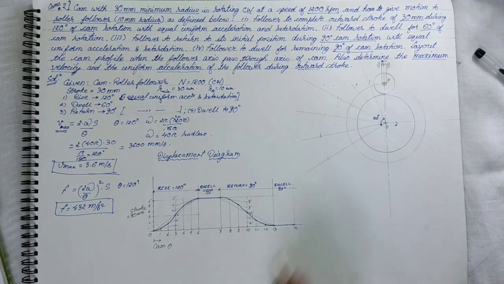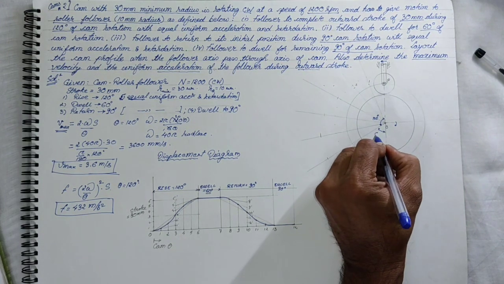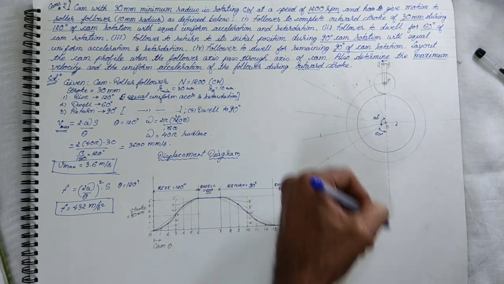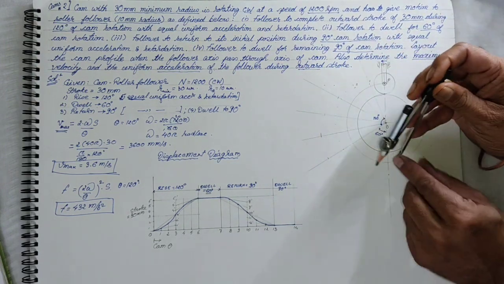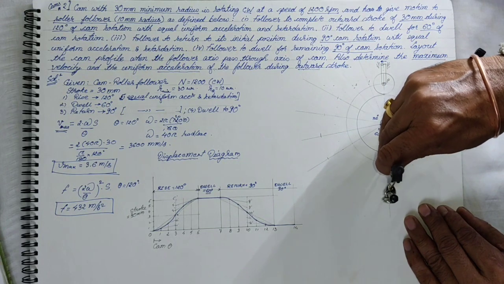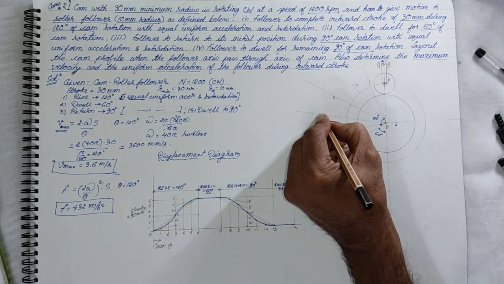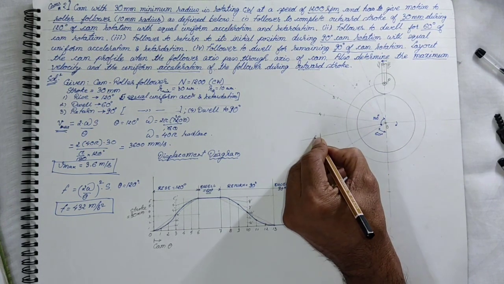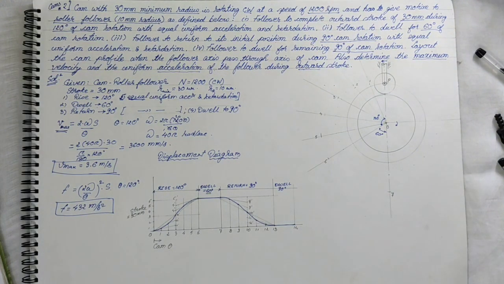So from here I again measure 60 degrees, which is for the dwell period, and this will be the line of action for that, and I can locate the trace point as this. So we have got 1, 2, this as 3, 4, 5, 6 and 7.